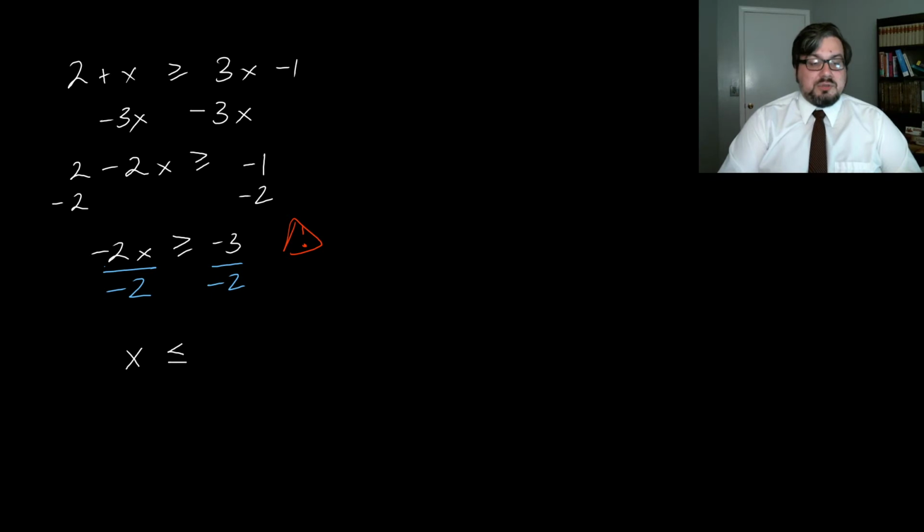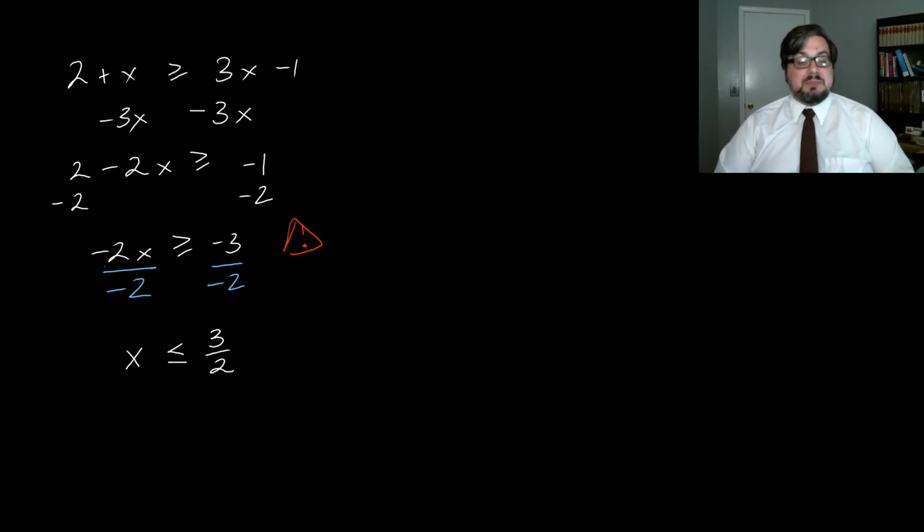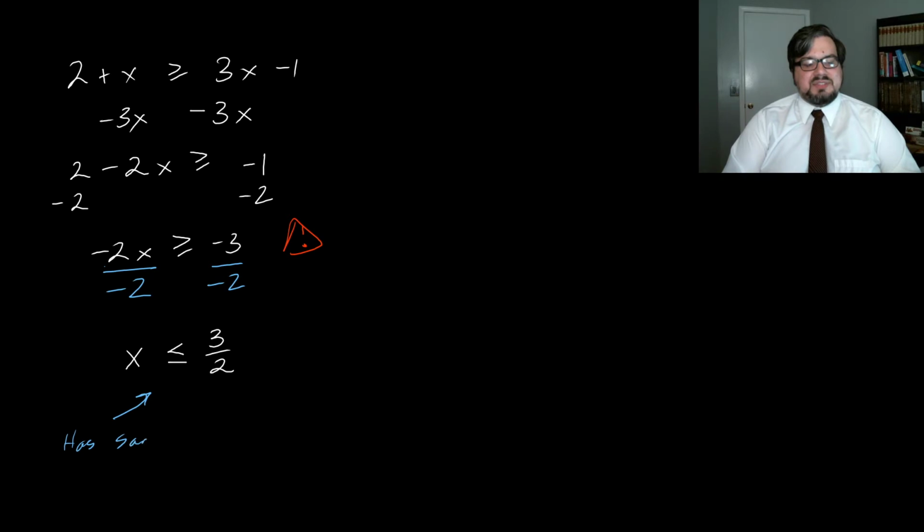So in this case, we can do that. On the right-hand side, we have negative 3 over negative 2. The negatives cancel, because a negative divided by a negative is a positive, and we get the inequality x is less than or equal to 3/2. Now, the point is that this inequality has the same solution set as the original inequality.